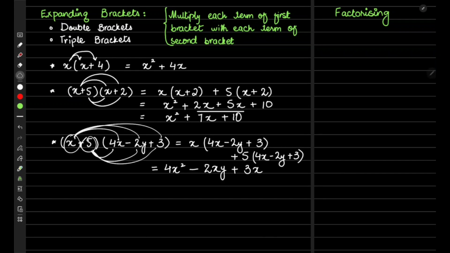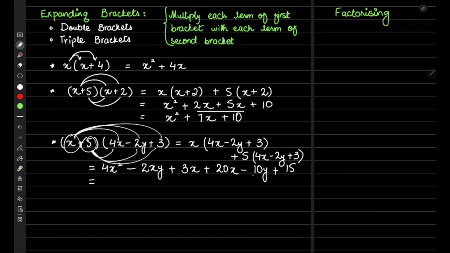3x. Let's just write it down starting from here. Now the next will be 5 times 4x will be 20x, minus 5 times 2y is 10y, plus 3 times 5 is 15. Now see if there are any like terms.